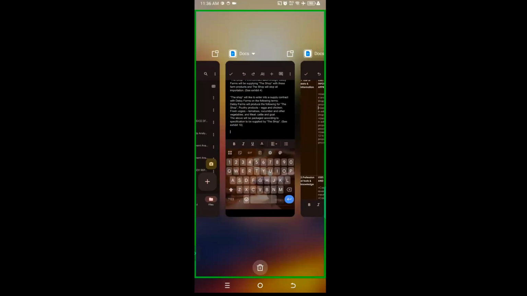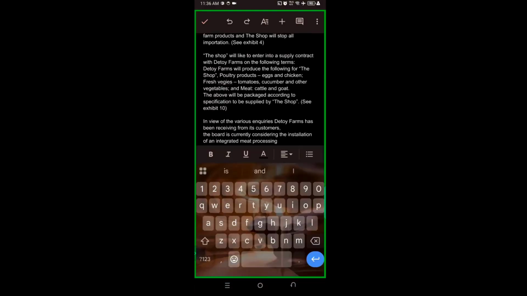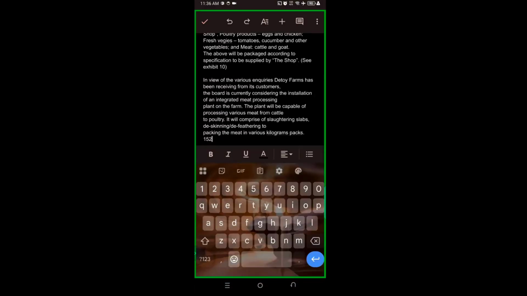Please don't do copy and paste like this, because it will take a lot of time. So that's what I'm talking about. Just putting it very well.